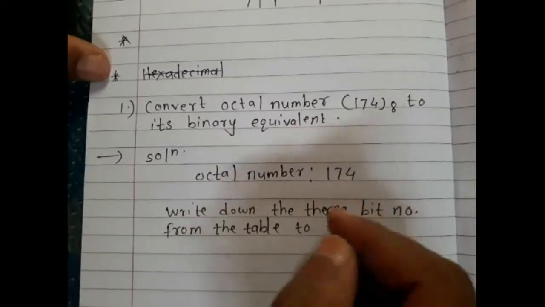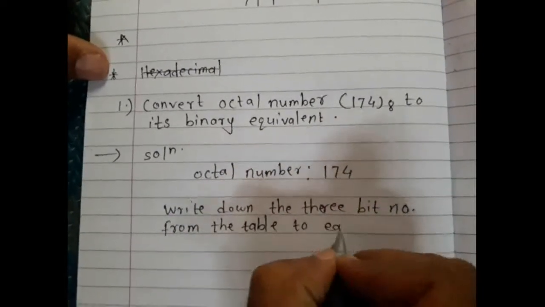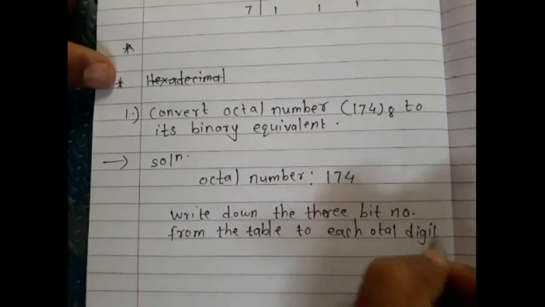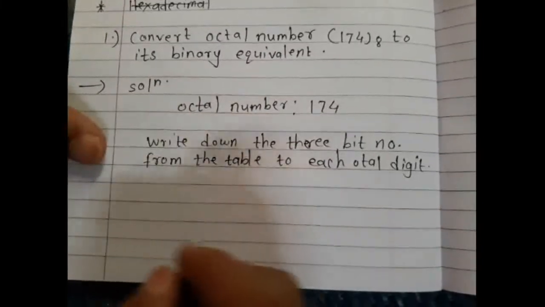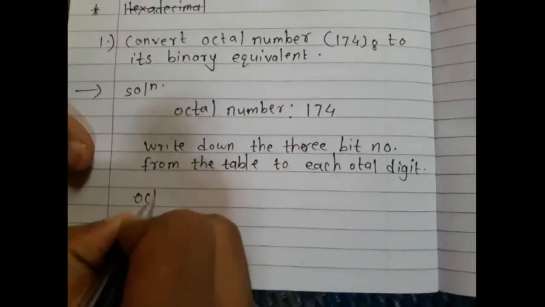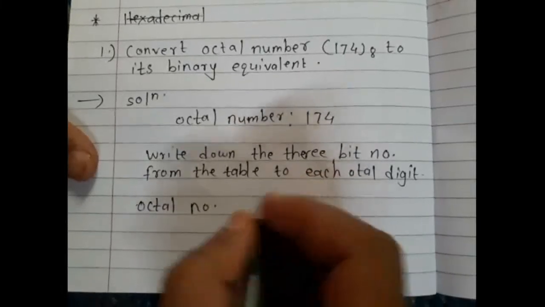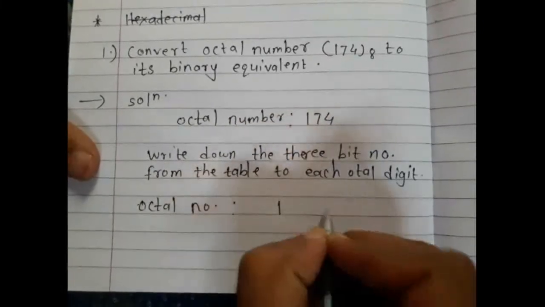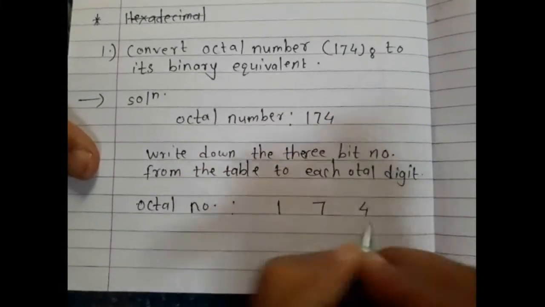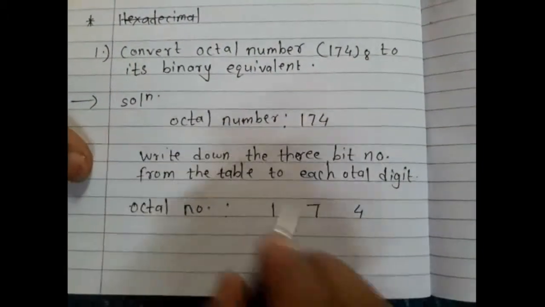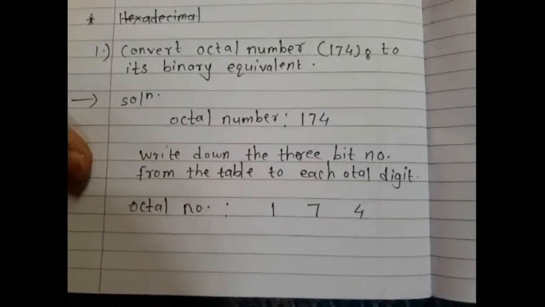Now see here. Now we will write the octal number. What is our octal number? 174. This is our octal number, 3 digits.